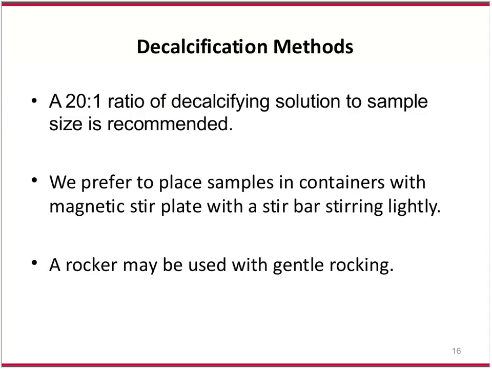We prefer to place our samples in containers with magnetic stir bars and stir lightly, or we put them on a rocker so that they agitate. I have found this to be critical. We do this with all of our samples. We don't just leave them on a shelf to see what will happen. They rock and agitate. It speeds up the process of decalcification.